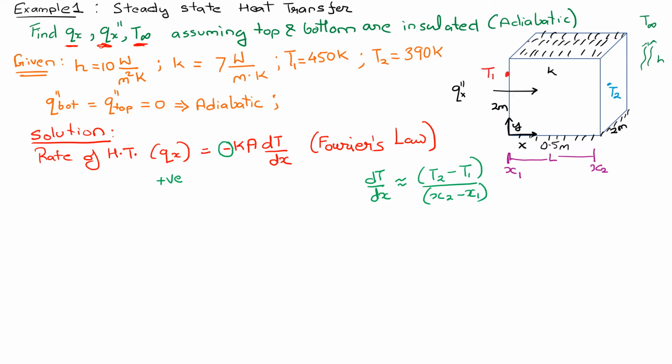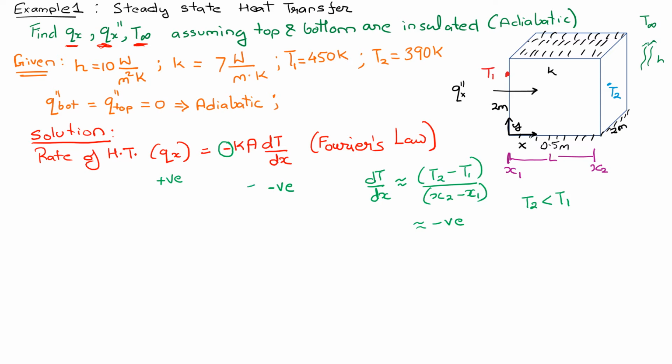But T2 is smaller than T1, so this quantity is negative. Okay, so our dT by dx is a negative number, and area is a scalar value.